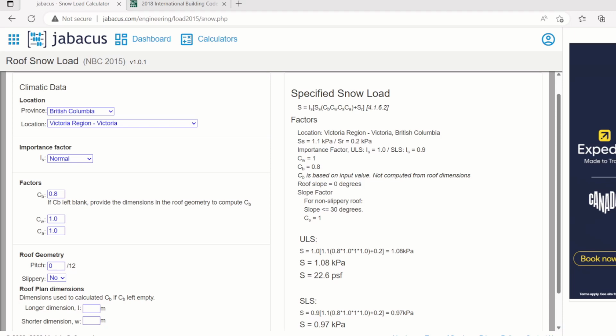So L over 180, we will use L over 180. And then assuming our roof would span 60 feet, it could probably span 60 feet.